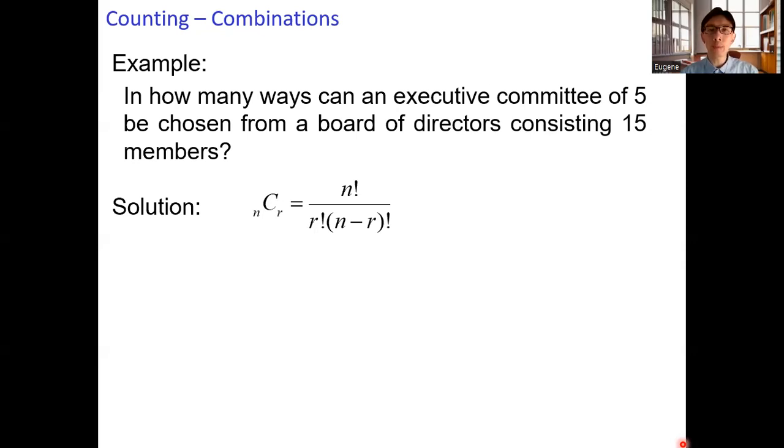So this is a problem using combinations. We have the formula nCr. So what is the value of n and what is the value of r? We choose 5 out of 15. So n is equal to 15 and r is equal to 5.